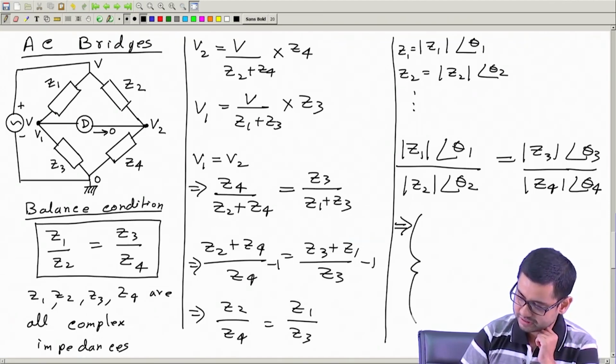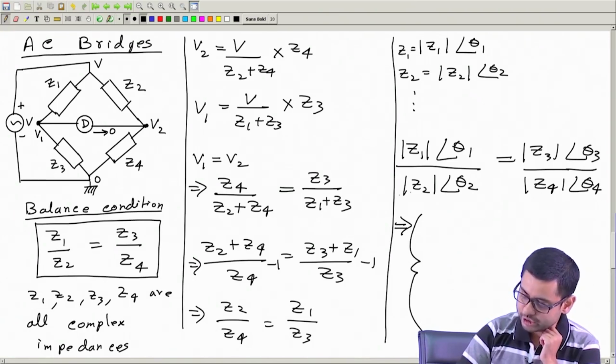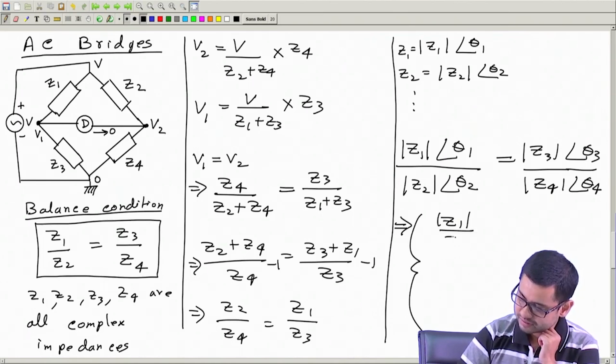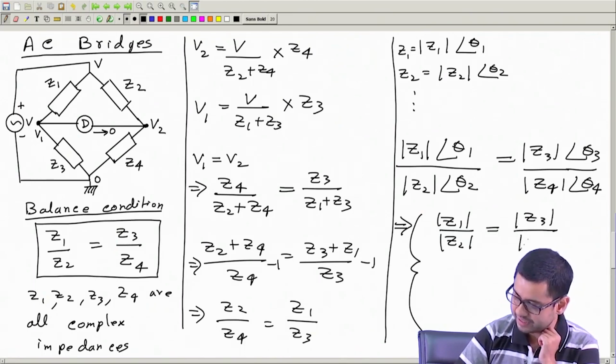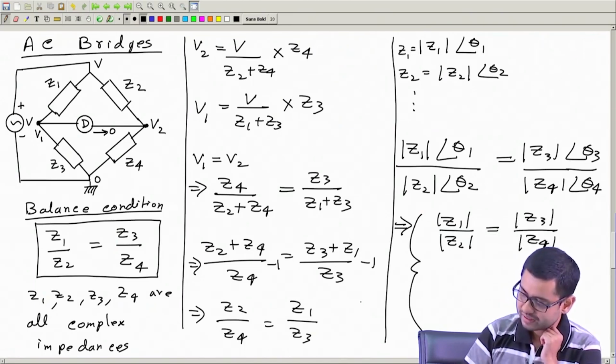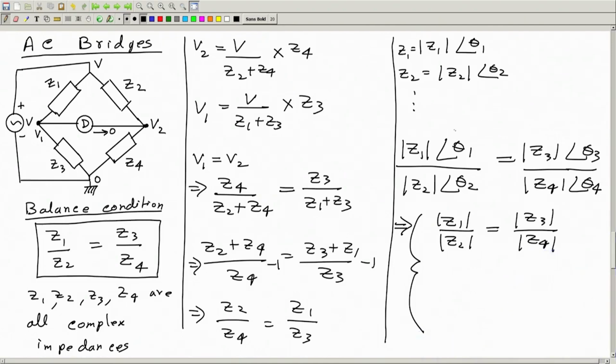So, from this we can write two conditions. One, the magnitude of the left hand side is the same as the magnitude of the right hand side, and the angle of the left hand side we can write as theta 1 minus theta 2, because this is a ratio.